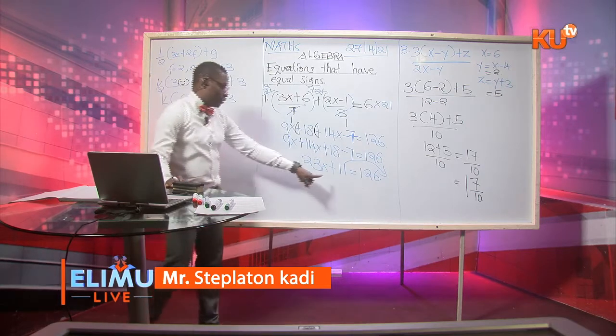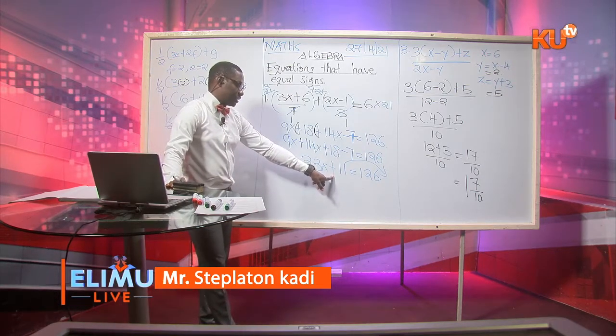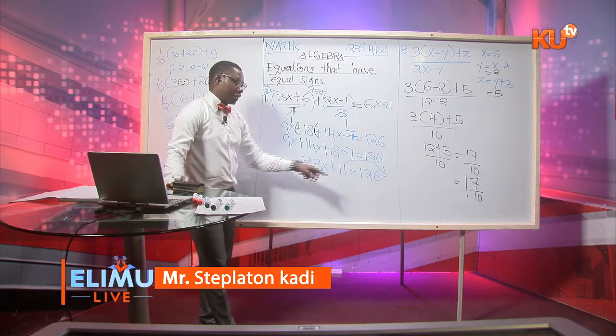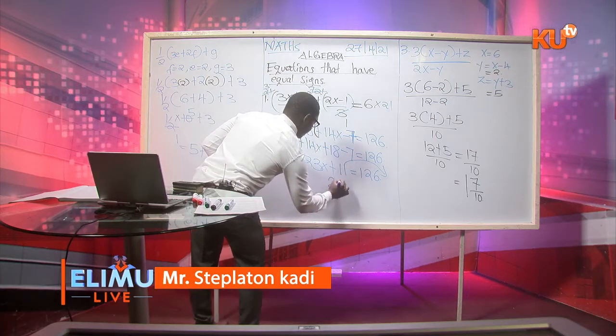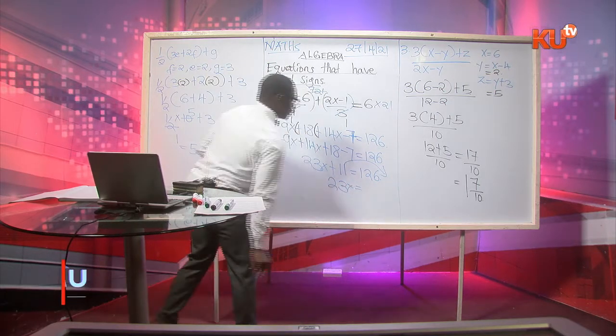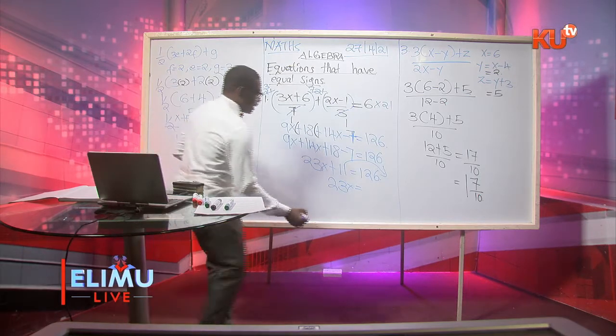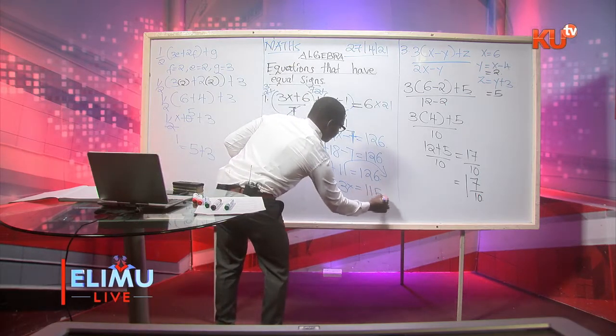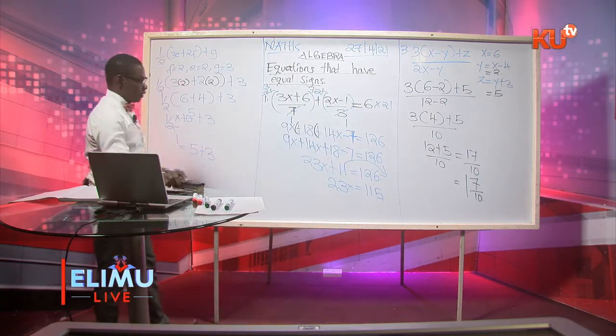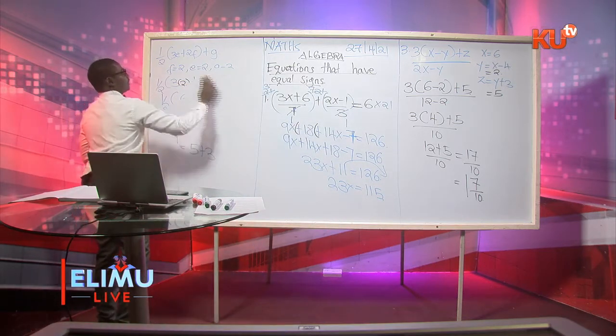When it crosses the equal sign, the sign changes from addition to subtraction. So we have 23x is equal to 126 minus 11, we get 115. So 23x is equal to 115.